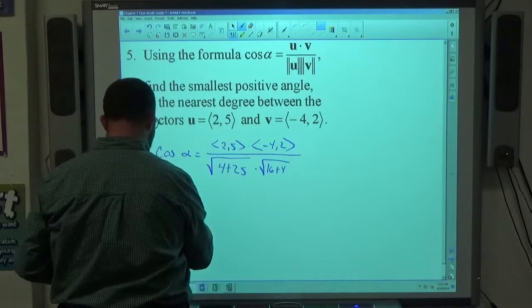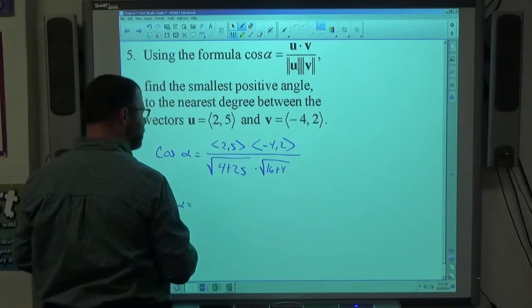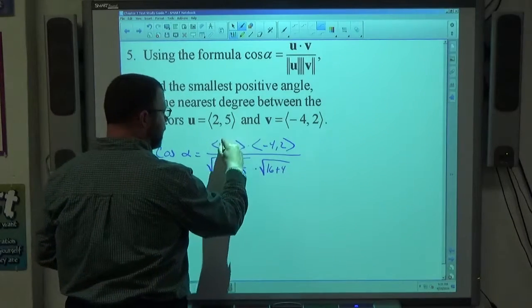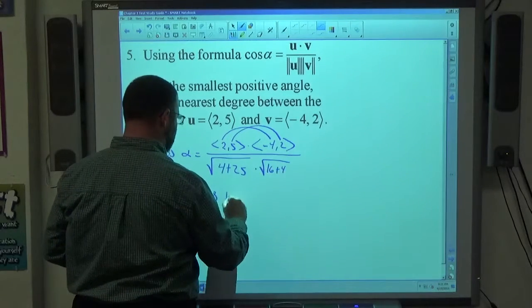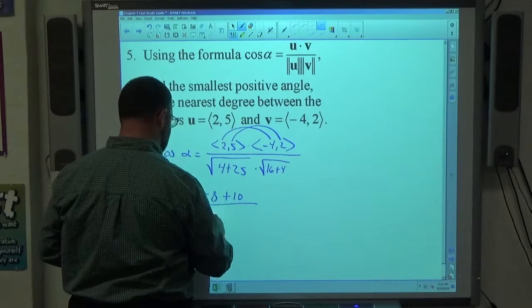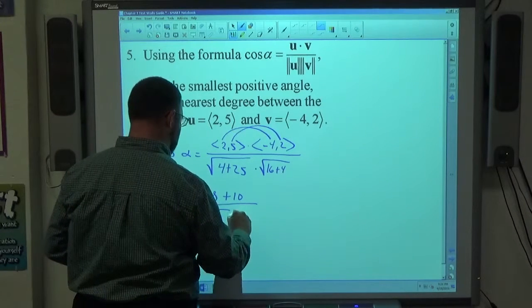So we're going to get cosine of alpha equals 2 times negative 4 is negative 8, plus 5 times 2 is plus 10, all over the square root of 29 times the square root of 20.